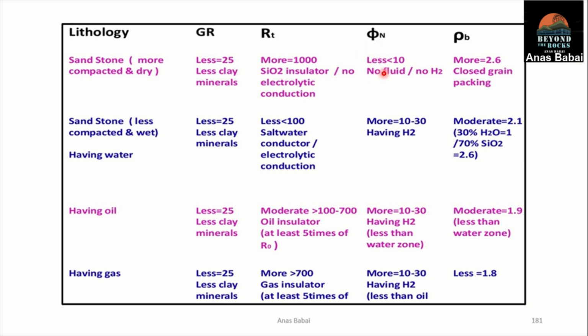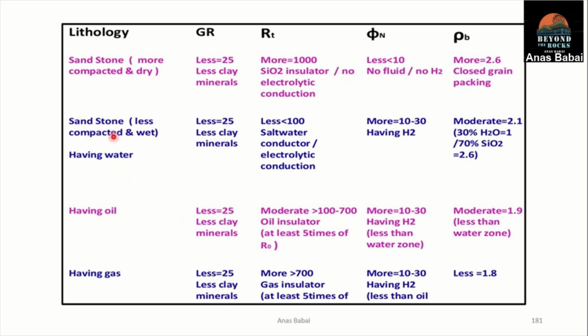The porosity will be less than 10%, no fluid, no hydrogen, since it's compacted. The density will be more than 2.6, because it's compacted. So we can see that the lithology and the nature of this lithology, in terms of being dry or compact, can affect the logs.